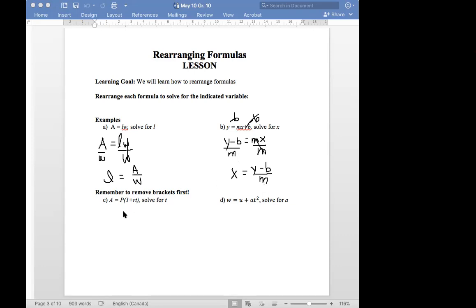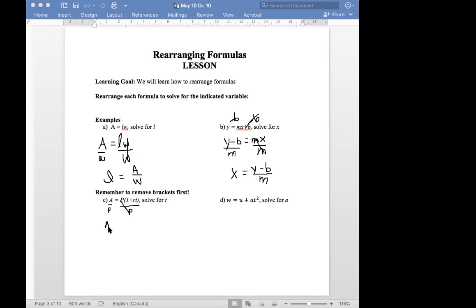Okay, so we're going to look at a few more that are a little bit more difficult. Here we need to get rid of what's outside of the bracket first. So we need to divide by p on both sides to start with, because we're trying to solve for r. That's going to cancel out our p.